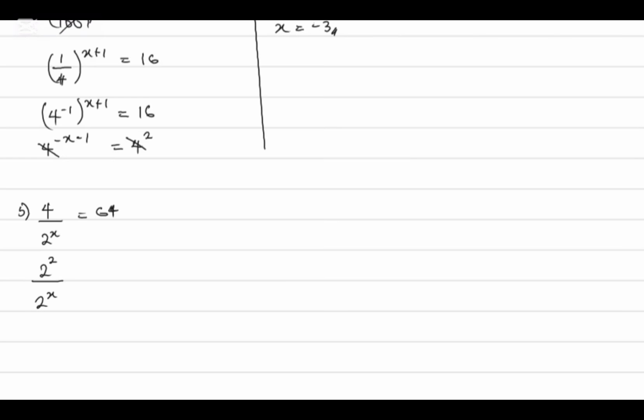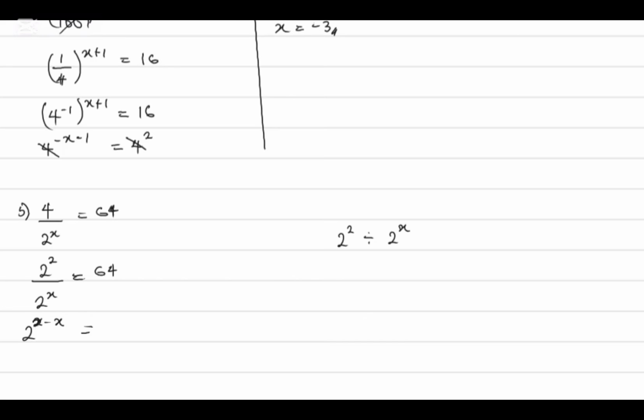I've changed 4 to 2 raised to power 2, equal to 64. Using the division law, 2 raised to power 2 divided by 2 raised to power x is the same as 2 raised to power 2 minus x. So that's what we have here.